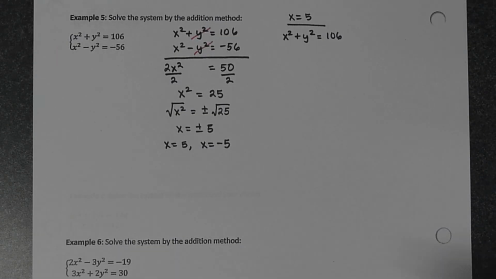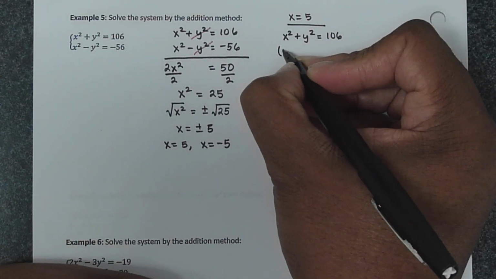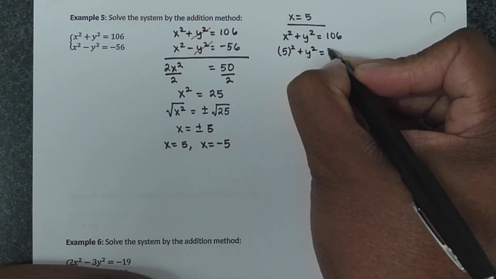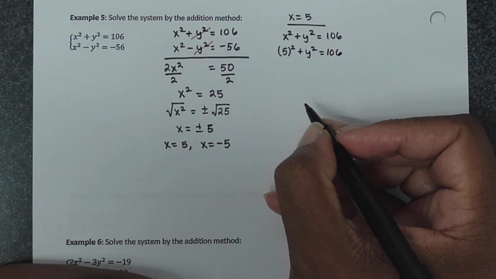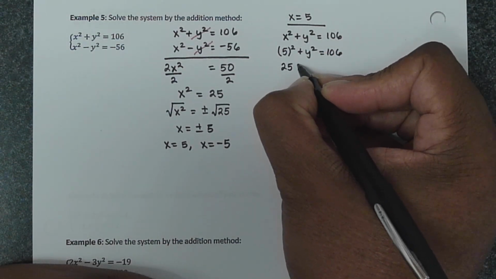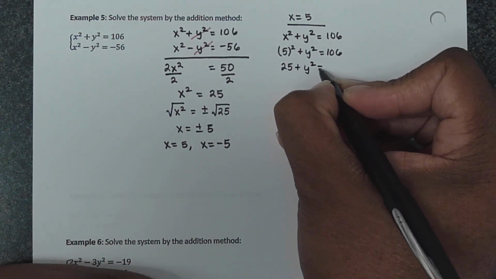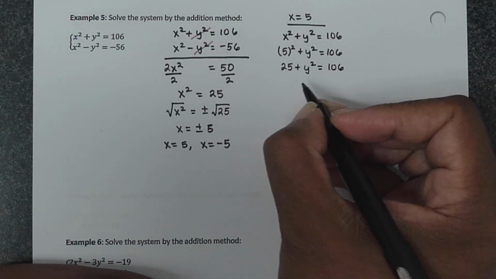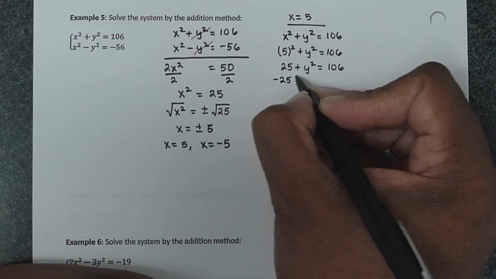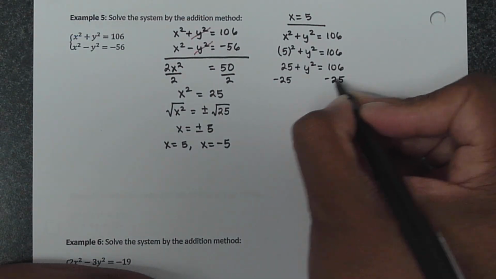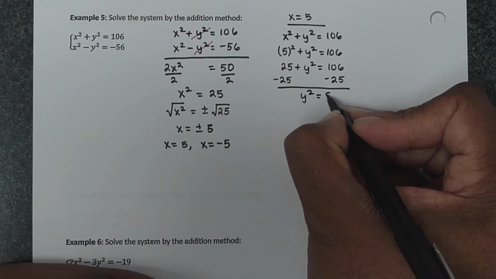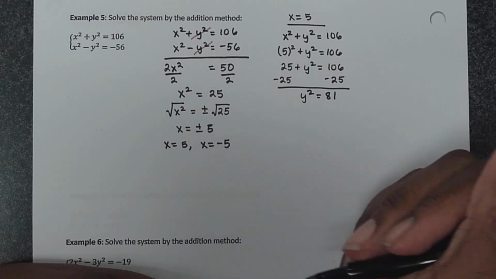Substitute your x with 5. So we get 5 squared plus y squared is equal to 106. Square the 5, you'll get 25, plus y squared is equal to 106. And then to get y squared by itself, you want to subtract 25 on both sides. That would make y squared equal to 81.